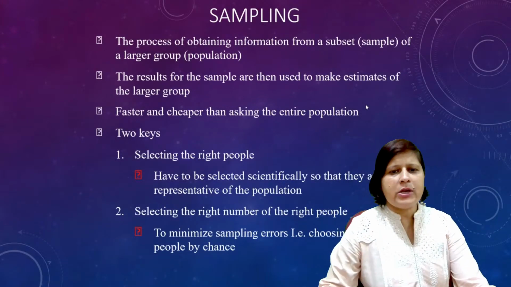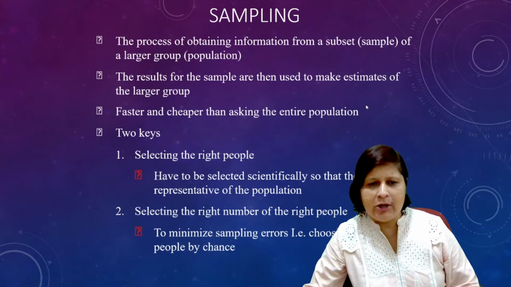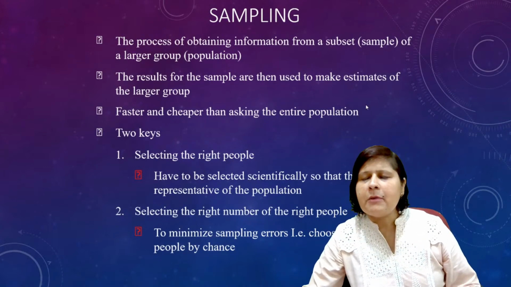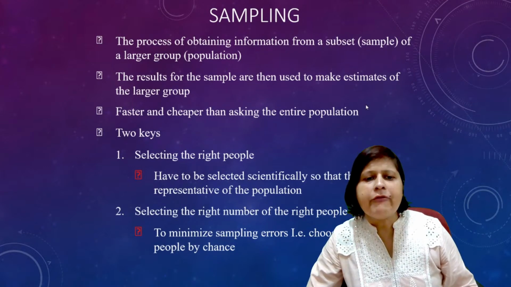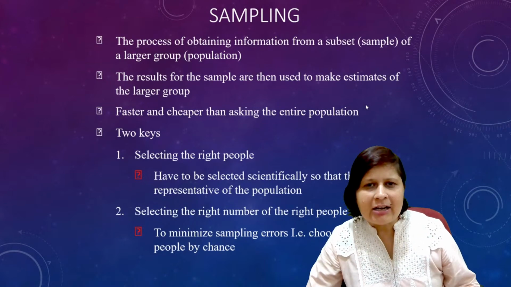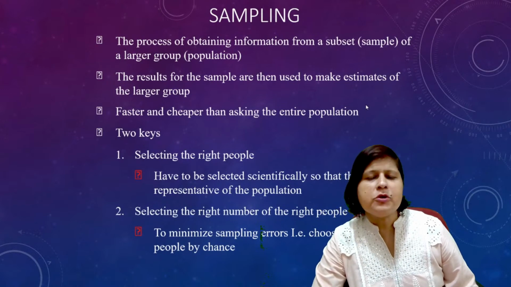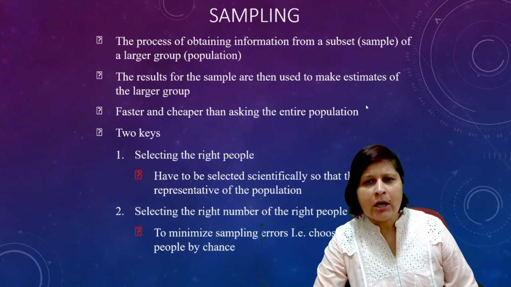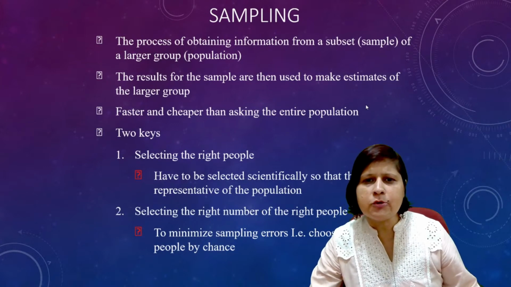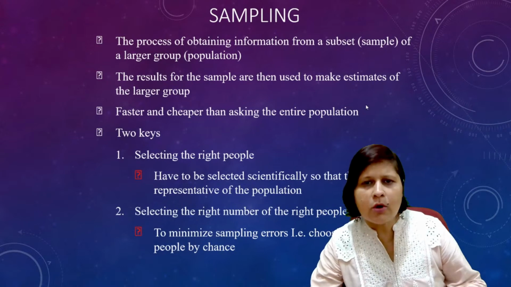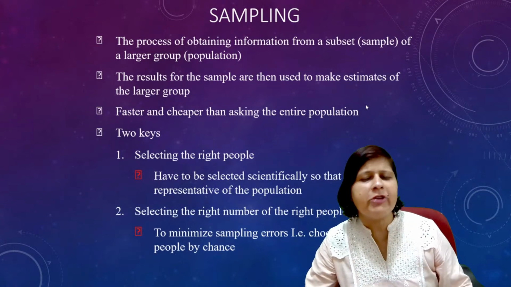Actually, first of all, it is very important to understand what is sampling, what is sample, what is population. Sampling is the process of obtaining information from a subset of a larger group. That larger group under study is known as population. Suppose you want to study people who are in age group between 14 to 19, teenagers. You want to study their eating habits of adolescents.